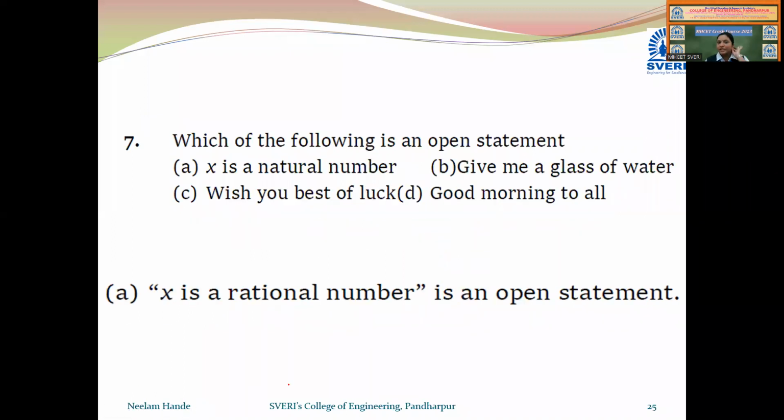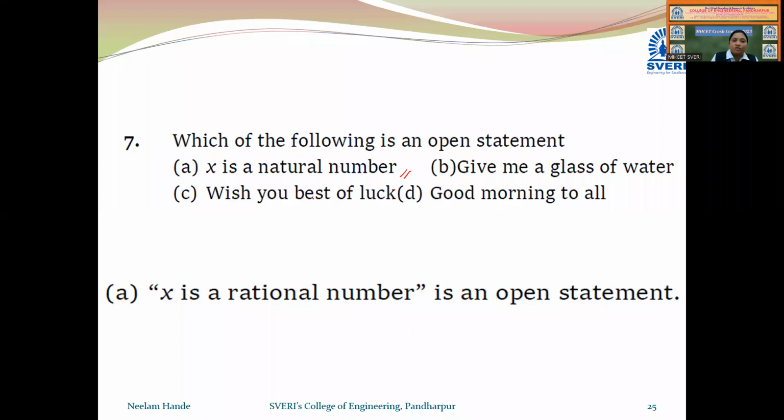Next, which of the following is an open statement now? X is a natural number. What is an open statement? Option A. A statement which is either true or false but not both simultaneously is called an open statement, and we can assign any value to it.